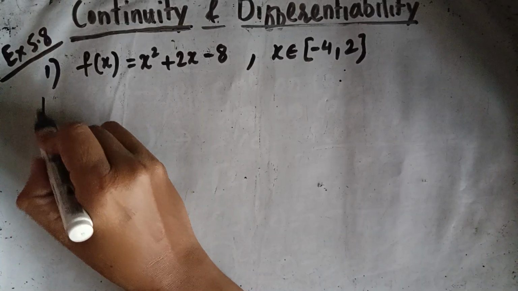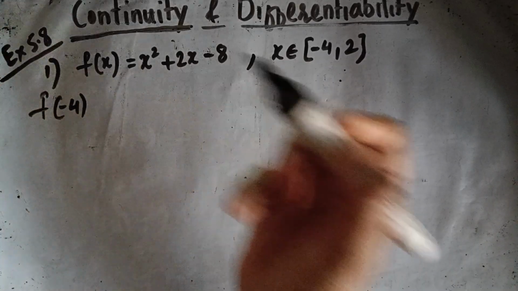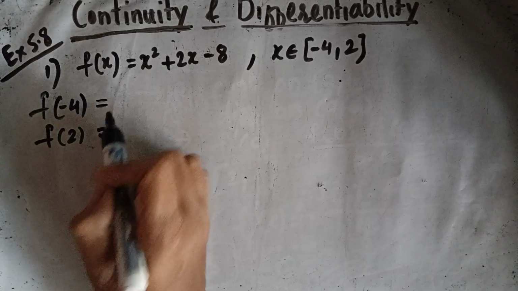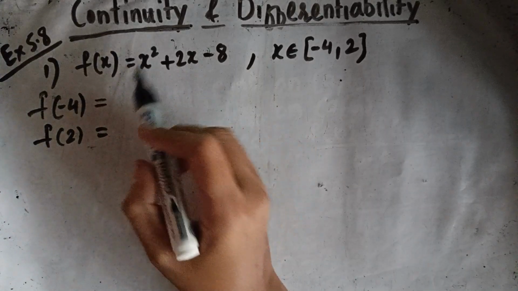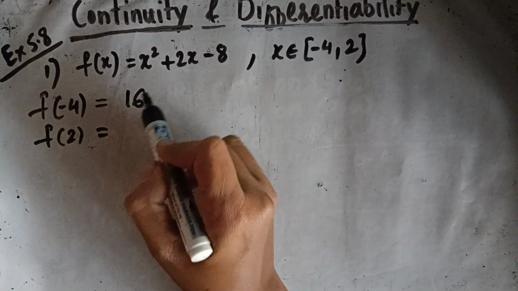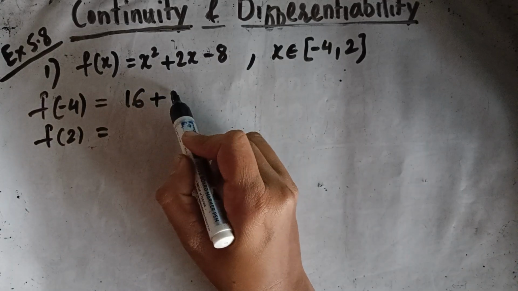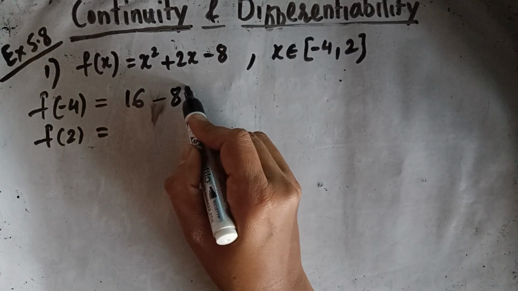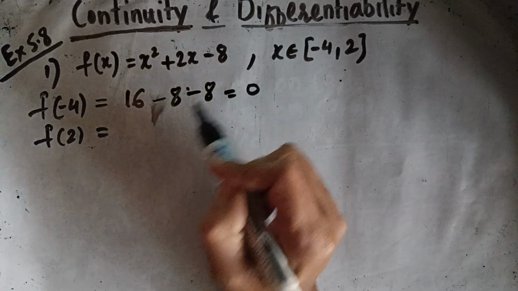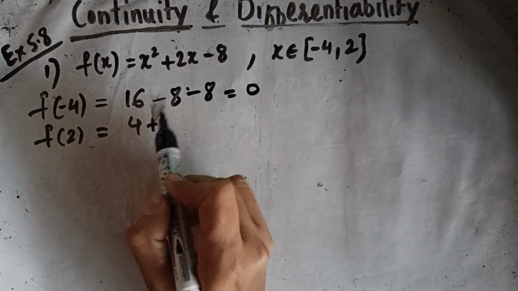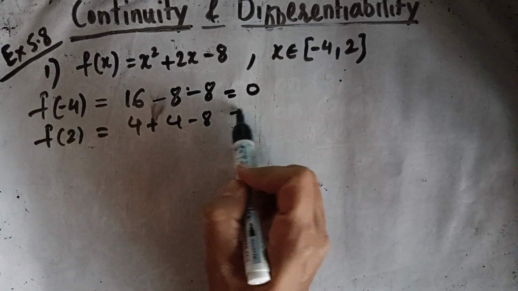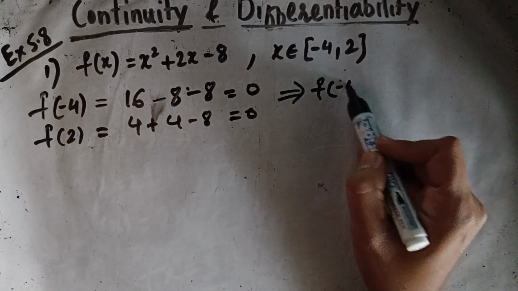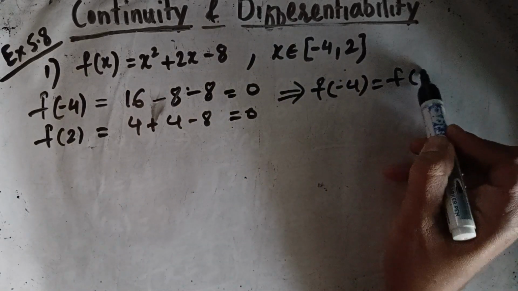So f of minus 4 and f of 2 we have to find. F of minus 4 is 16 minus 8 minus 8, so this is 0. F of 2 is 4 plus 4 minus 8, this is also 0. So this implies f of a is equal to f of b, right?